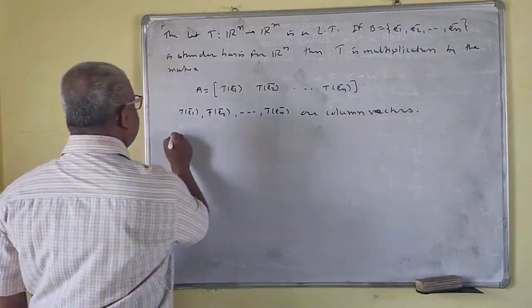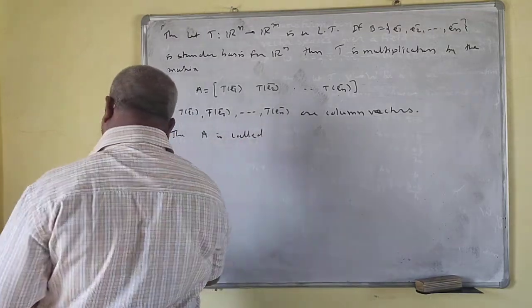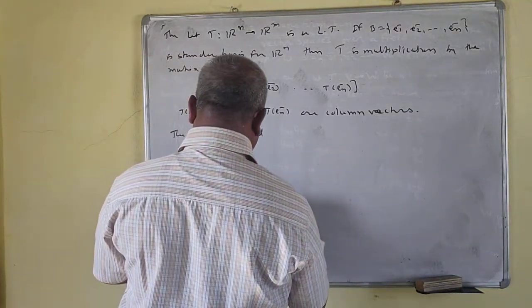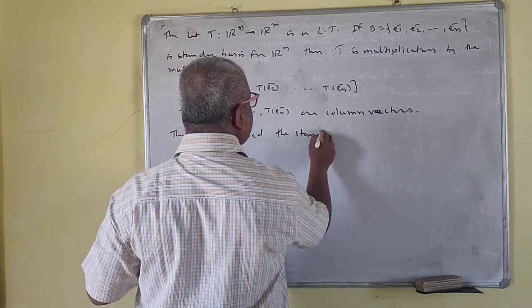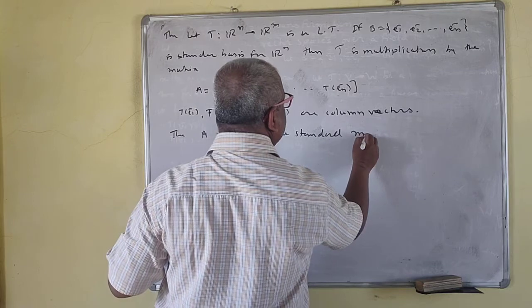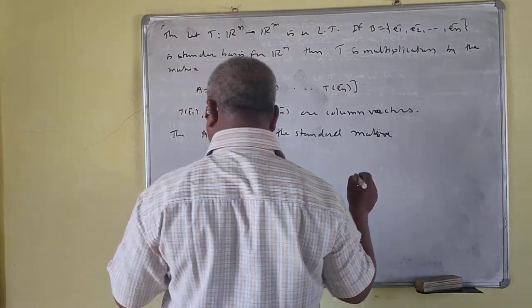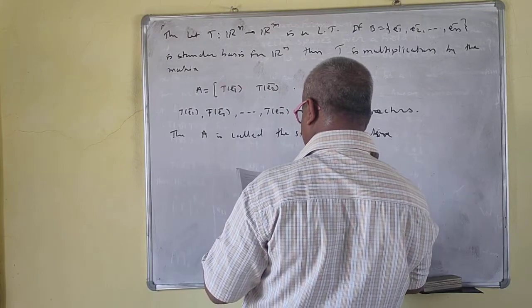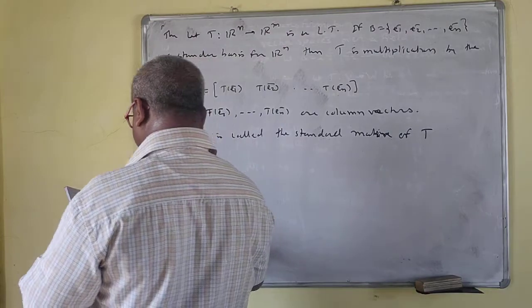Then A is called the standard matrix of T.